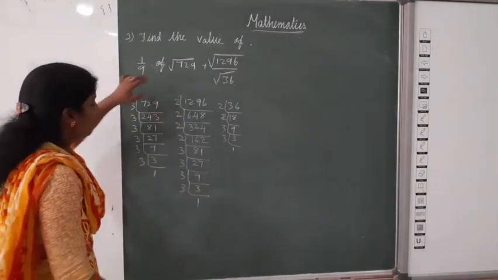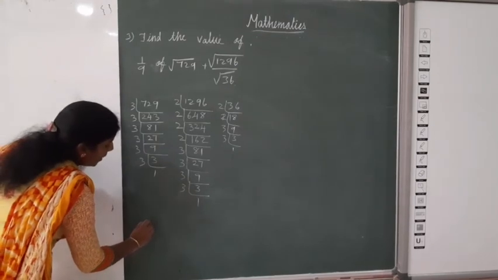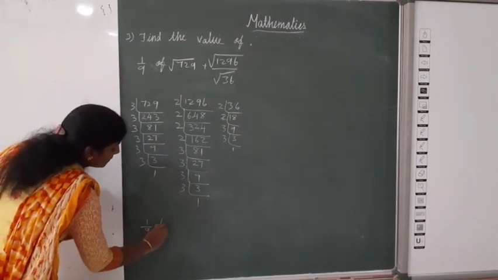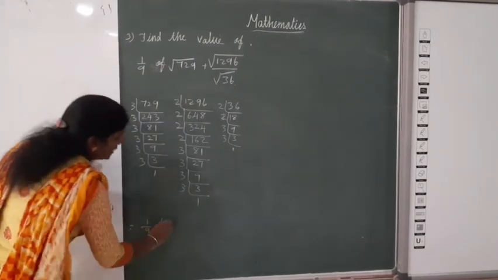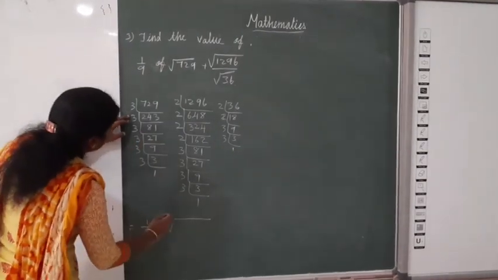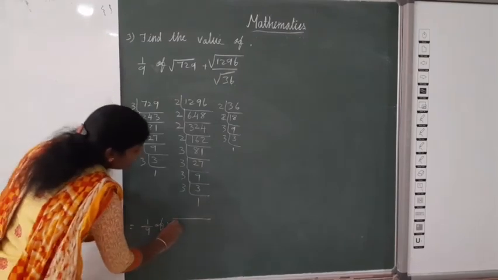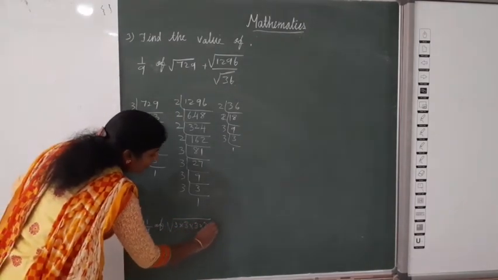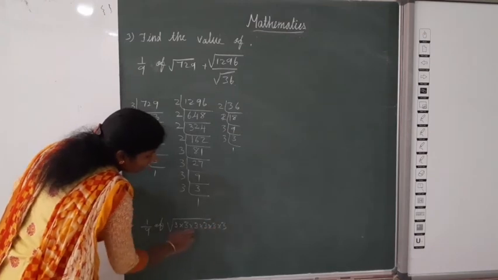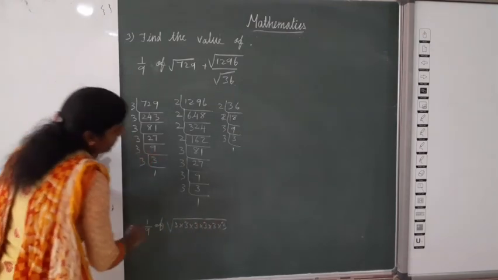Okay. Now we can apply here these prime factors. 1 by 9 of here 729. What are the prime factors? 3 6 times: 3 into 3 into 3 into 3 into 3 into 3. 1, 2, 3, 4, 5, 6, 6 times.